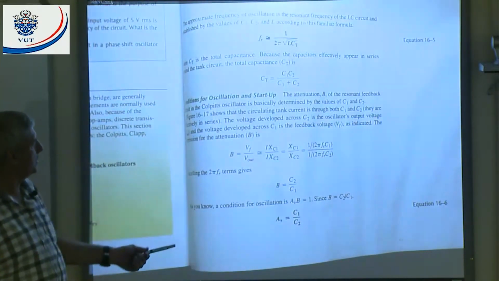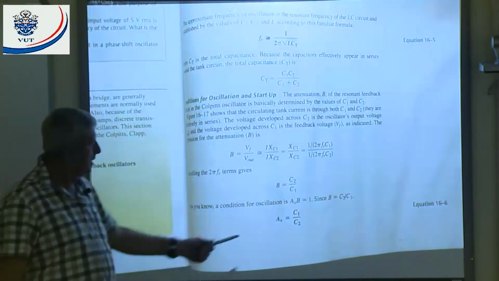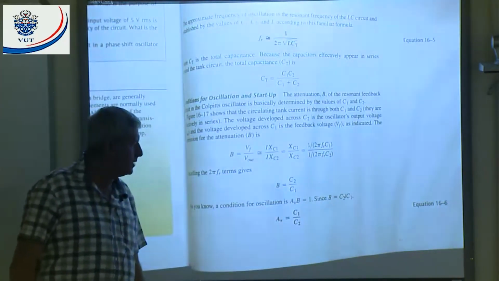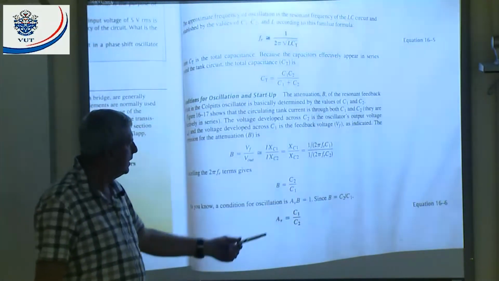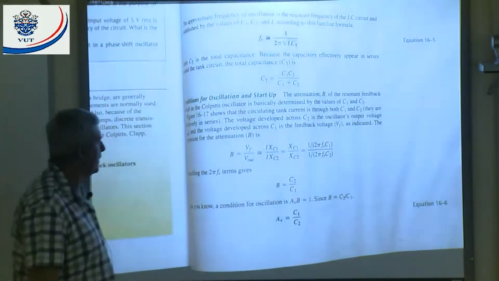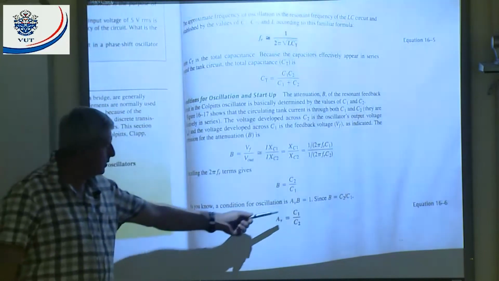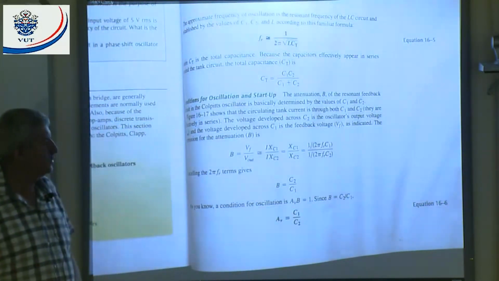Now, as you know, the condition for oscillation is the voltage gain times my attenuation should be equal to 1. It still applies, all right. And my attenuation is equal to C2 divided by C1. Gain is also equal to C1 divided by C2, all right.